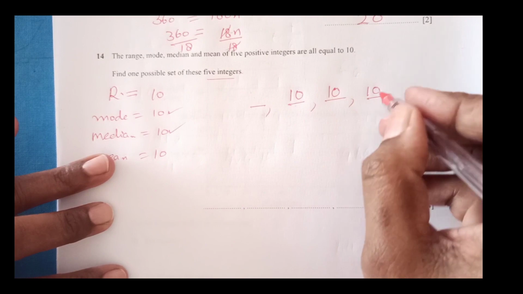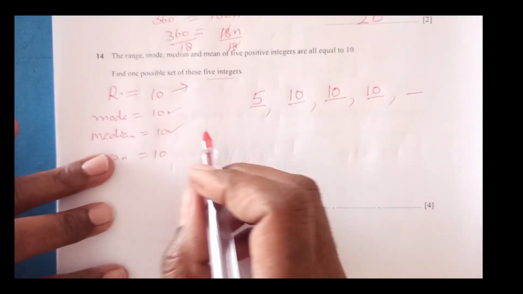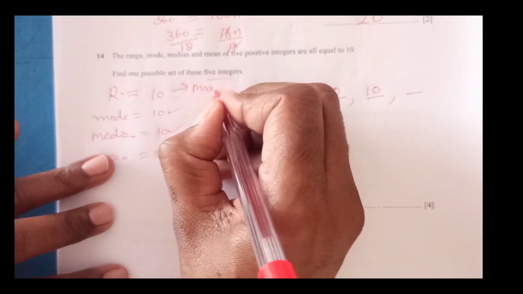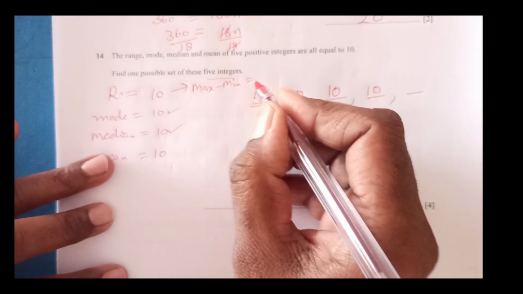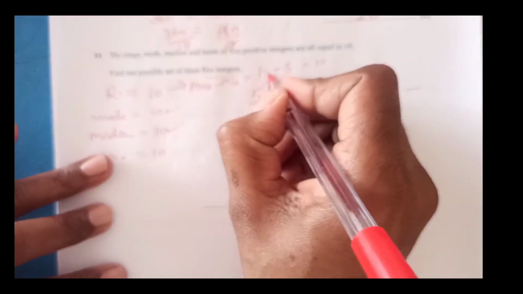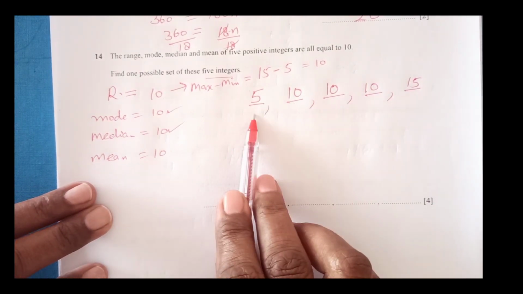So let's say I'm taking one number as 5 to make the range 10. The range is maximum number minus minimum, right? Maximum minus minimum. So if minimum is 5, the answer is supposed to be 10, so maximum can be 15. So we can have 15 minus 5 is 10.